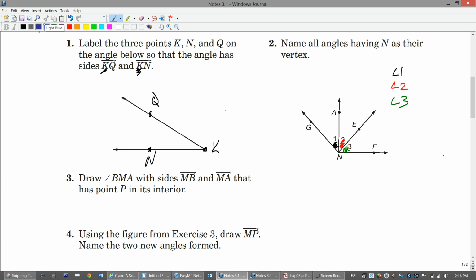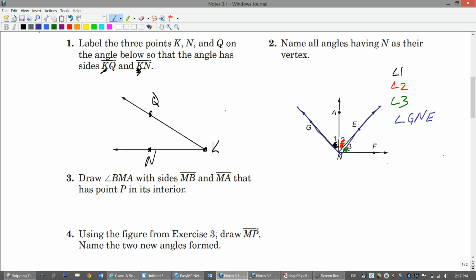But there are 3 more. Do you guys see where that is? We could label an angle with point G, with vertex N, and with other point E, and that is like this angle right there. You guys see that? It takes up that whole space. Or this one, that right there, that's angle GN.